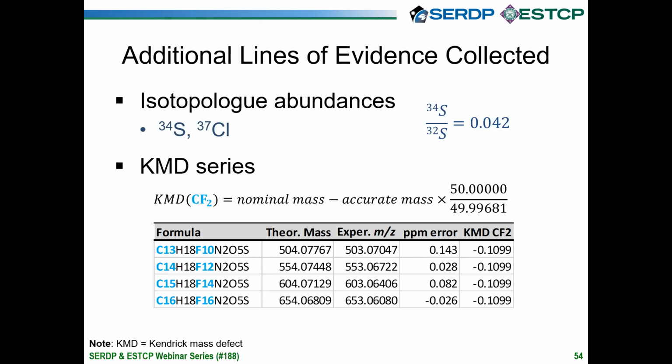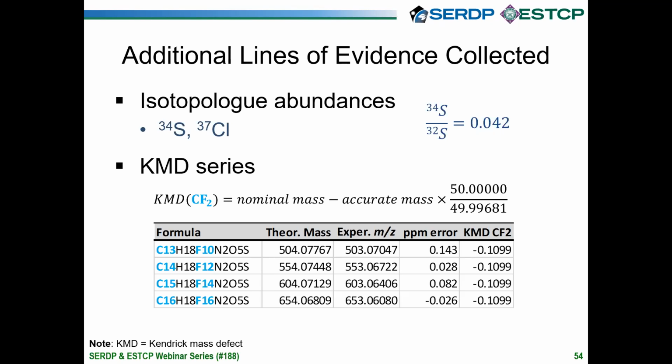Another really important trick are Kendrick mass defect series, or KMD series. When you do any type of high resolution mass spectrometry, what you end up with is basically a spreadsheet, or a peak list, of hundreds if not thousands of peaks. In the case of FTICR-MS, we're talking about maybe around 20,000 hits per compound.